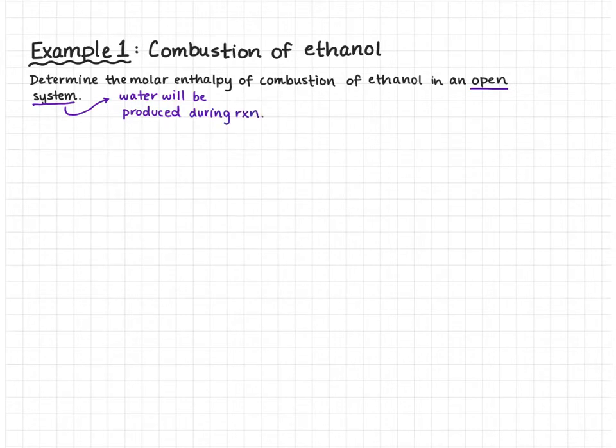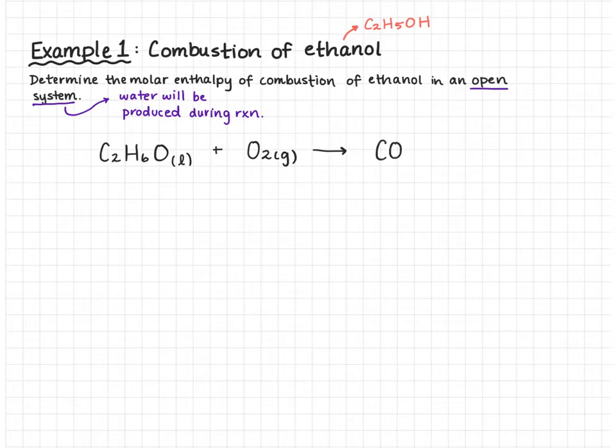Our first step in any of these problems is going to be to write a balanced chemical reaction. So ethanol is C2H5OH. I'm going to write it as C2H6O just so it's a little bit easier to balance. In combustion, we're always combining with oxygen to form carbon dioxide and water.